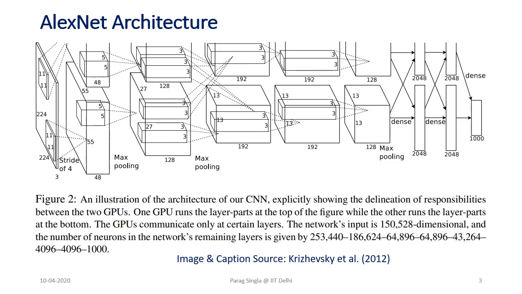There is a bit of detail here: it's not 48, but in fact 96 kernels are being applied. This is not something which probably occurs today, but back in 2012, these feature maps and operations took a lot of memory, so they split this operation across two different GPUs, graphic processing units. 48 of these kernels are operated on the lower or the first GPU, and 48 on the upper one.